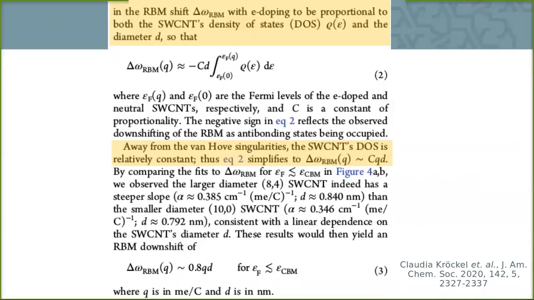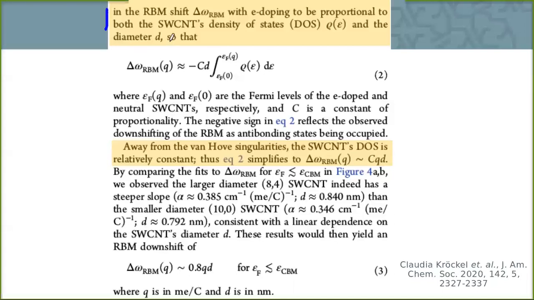Our first conclusion is this one here. In the RBM shift, in the change in the frequency that we had, we got an electron doping that is proportional to the single wall carbon nanotubes density of states, because we are crossing each Van Hove singularity when we reach a certain amount of electron concentration.